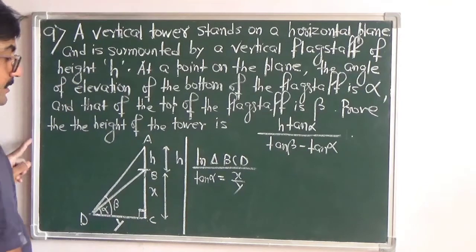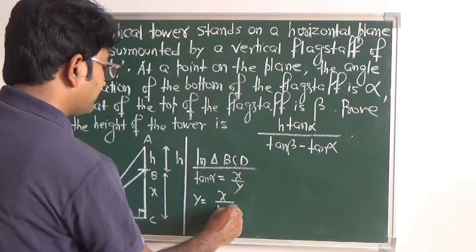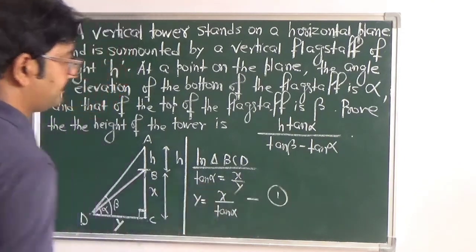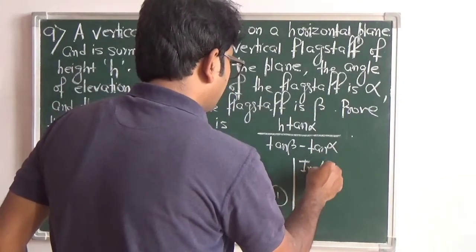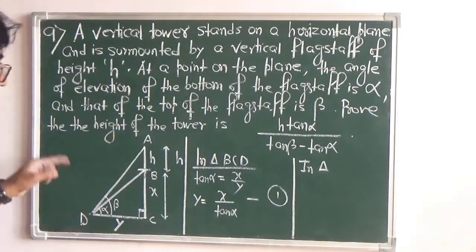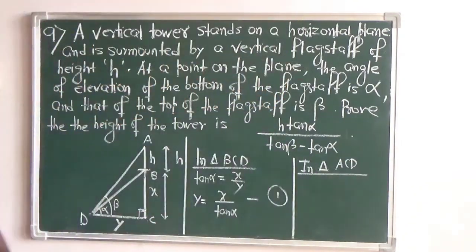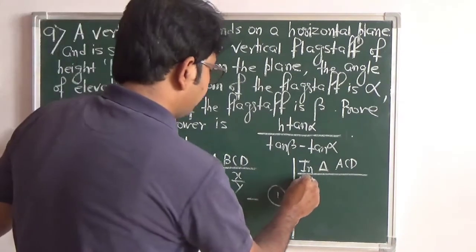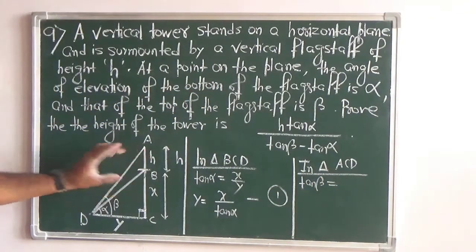So let's make y the subject, so y equals x by tan alpha. Let us name it as 1. Secondly, in triangle ACD, again we can apply the ratio tan, because tan of beta is h plus x by y.